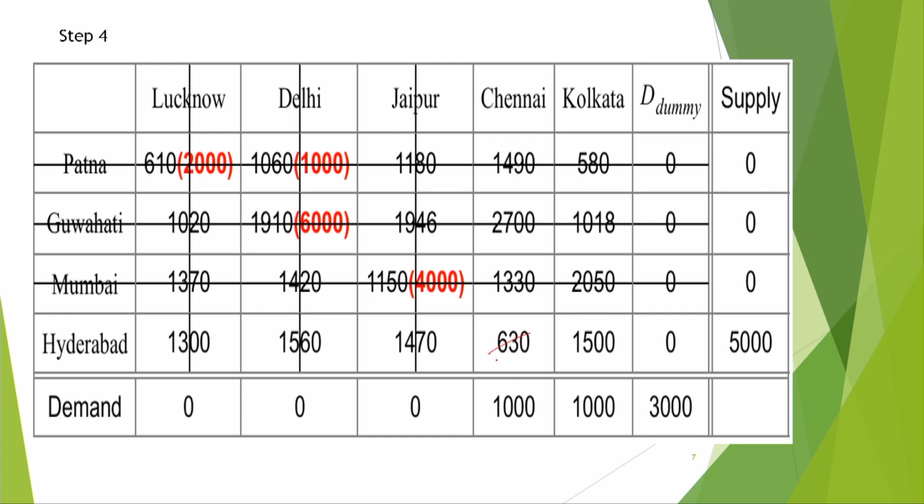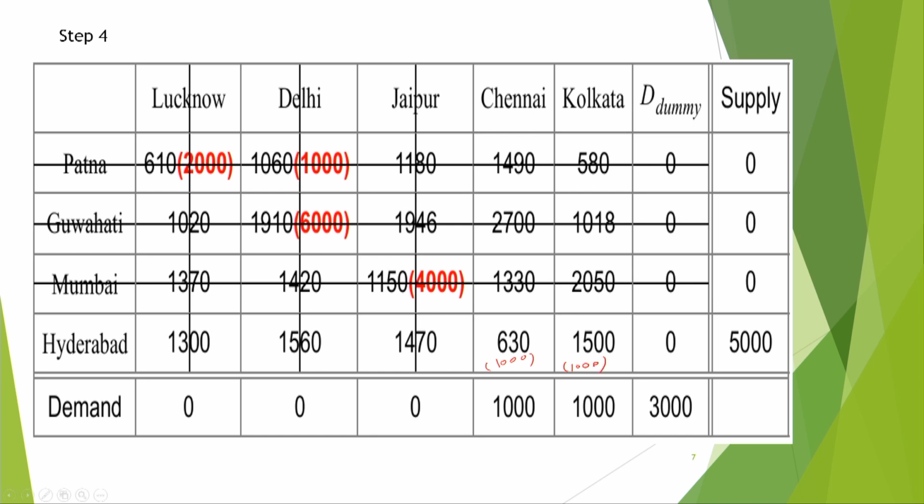So naturally you can put only 1000 here, right, Chennai needs only 1000, although Hyderabad is producing 5000, and here Kolkata also needs 1000. Sorry, this is different, okay. I need not strike 630, that is the unit cost of transportation. This is basically 1000 in bracket, and here also I can give 1000, okay.